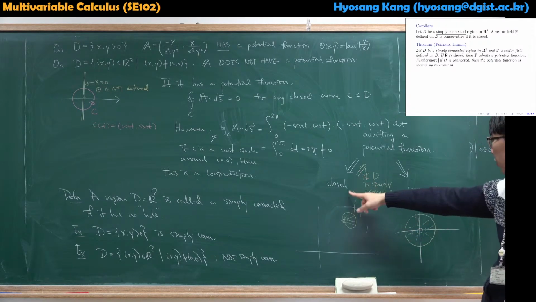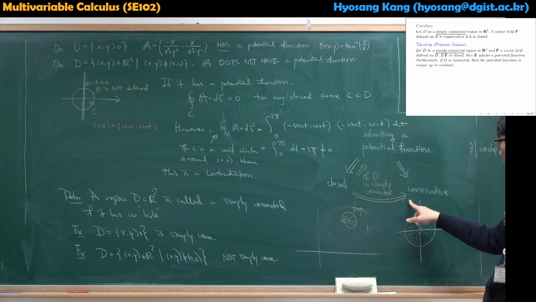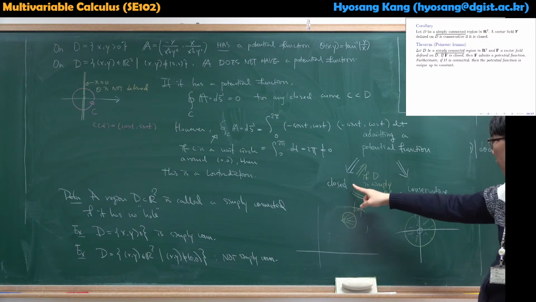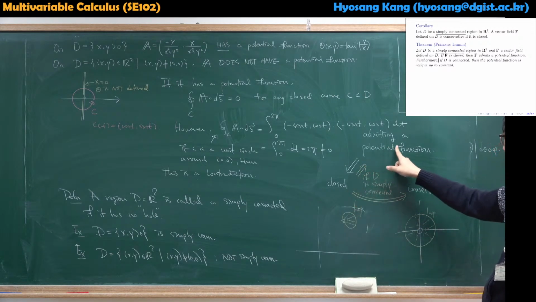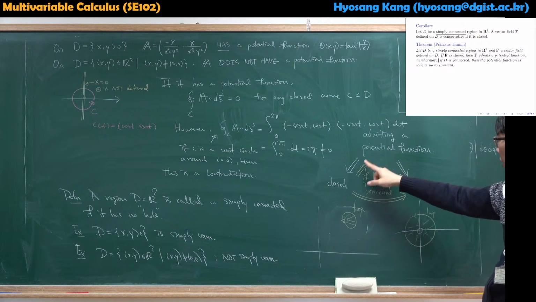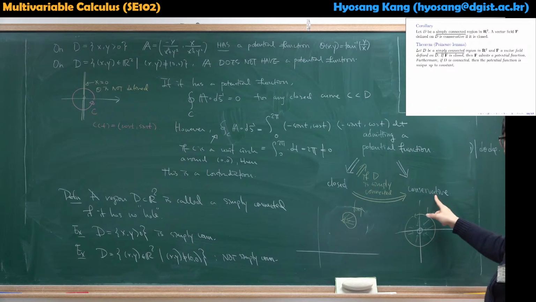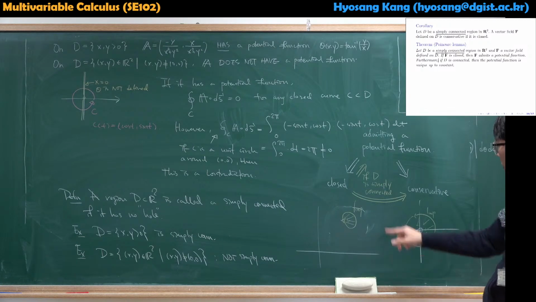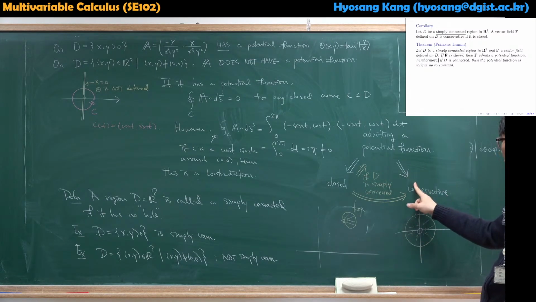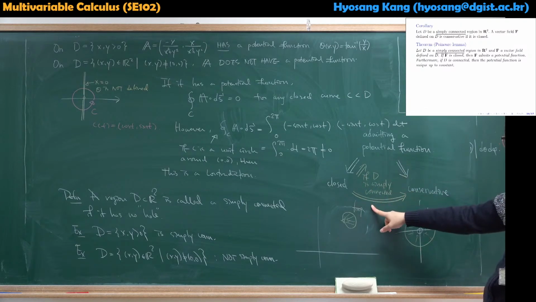And once you have this guaranteed, then closed and potential function are equivalent conditions, and closed and conservative. What's conservative? This is actually true. It doesn't really matter here.